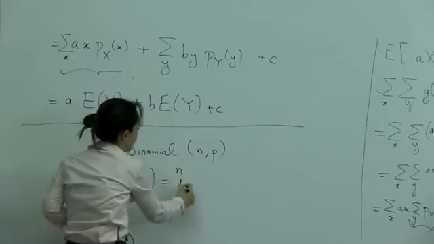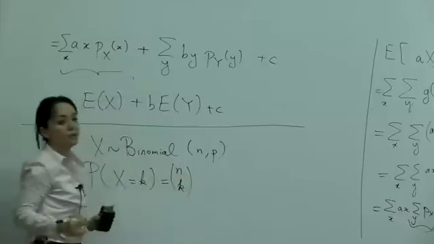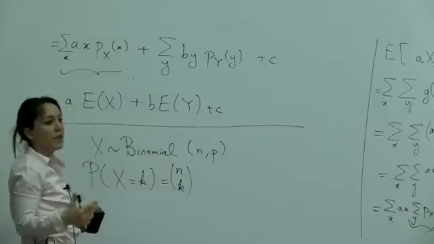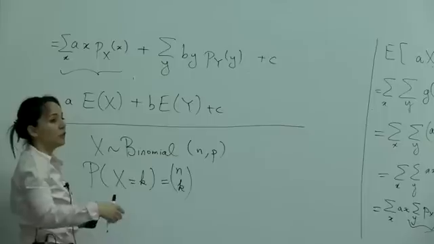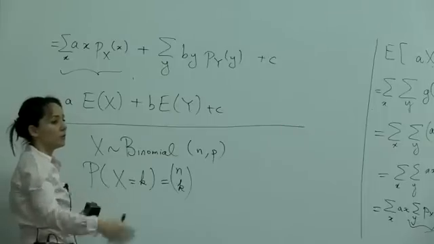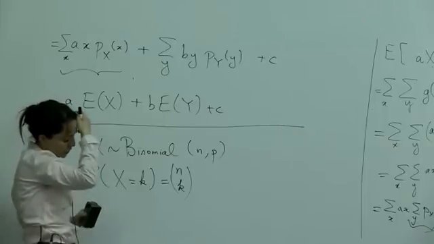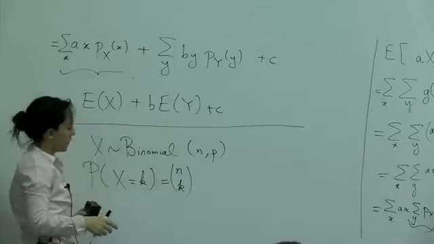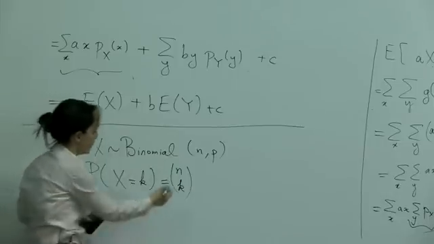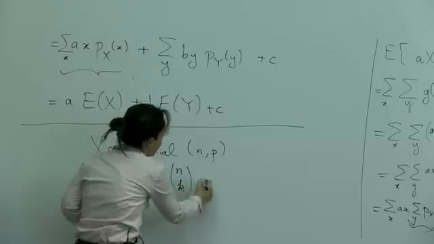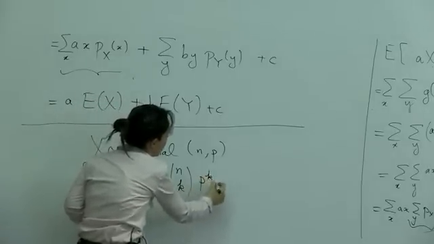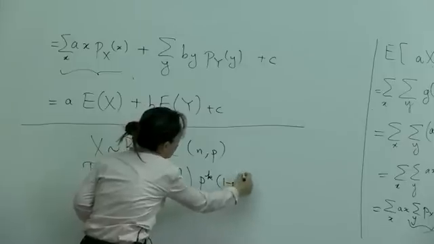Right. There are n choose k ways of choosing k locations for the successes, and for each choice of locations, the probability of k successes is p to the k times 1 minus p to the n minus k.